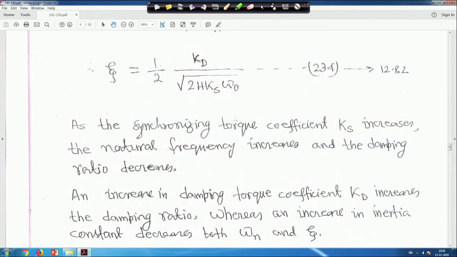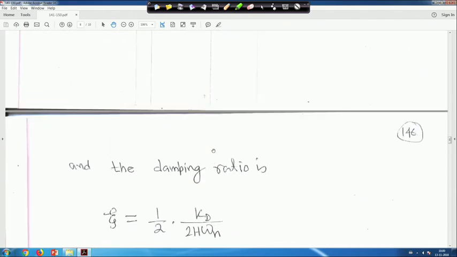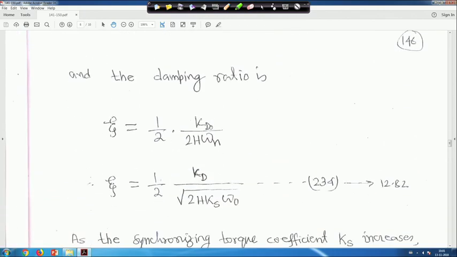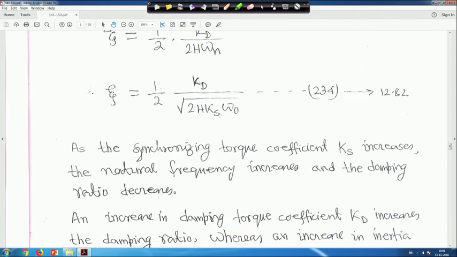As the synchronizing torque coefficient, that is your Ks, increases, the natural frequency increases and the damping ratio decreases. As Ks increases, natural frequency increases, because omega n is root over Ks into omega 0 upon 2H. And in the damping ratio, the Ks term is root over 2H Ks omega 0, it is in the denominator.